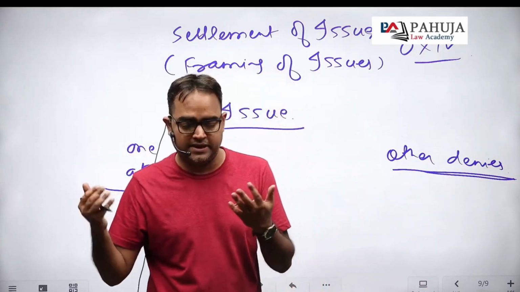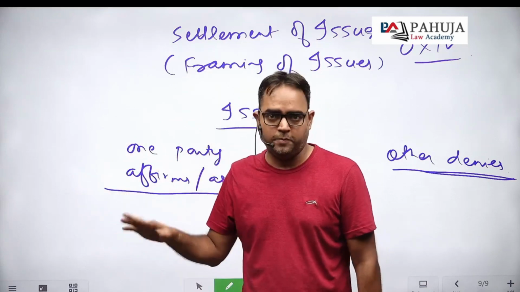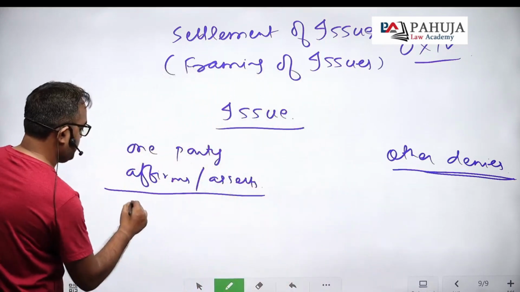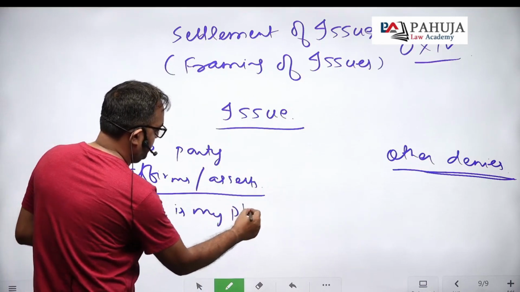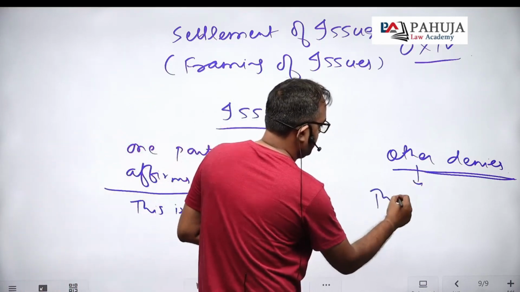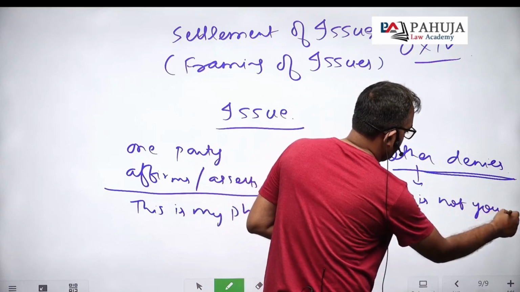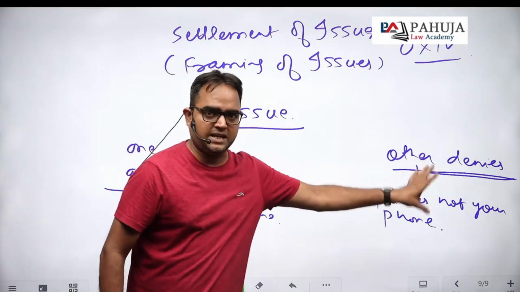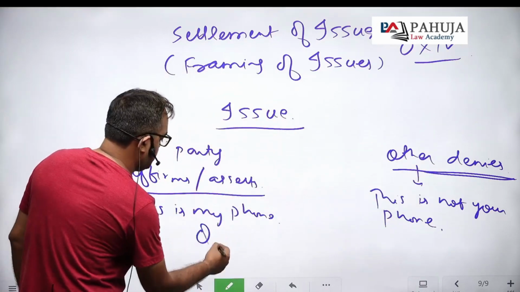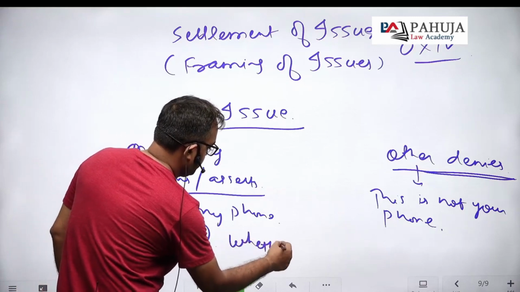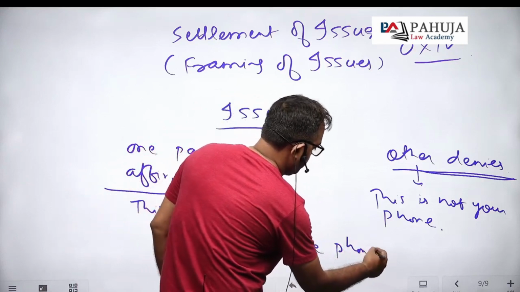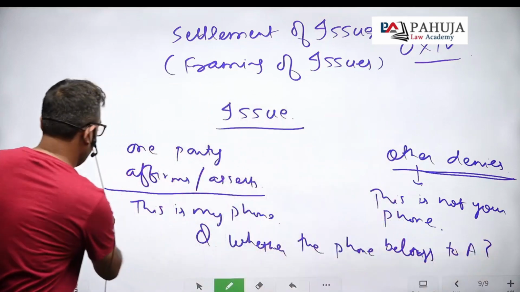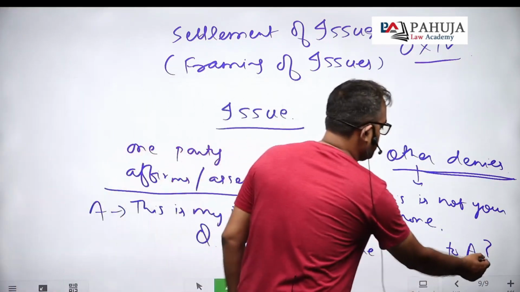To that person, whoever said to me that this is my phone, I said to him this is not your phone, that will be a denial of his assertion or his affirmation. ठीक है, and देखो, if that person says this is my phone and the denial is going to be this is not your phone, on the basis of this affirmation and this denial, the question that we are going to ask, the question is whether the phone belongs to A. Let's name this person A. This is A saying this is my phone, whether the phone belongs to A, right?